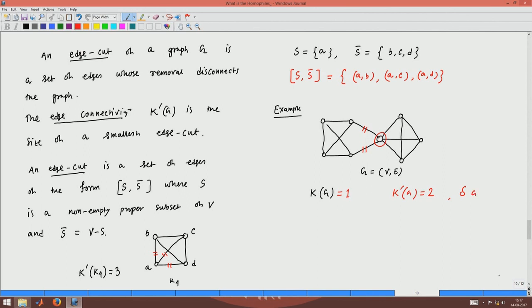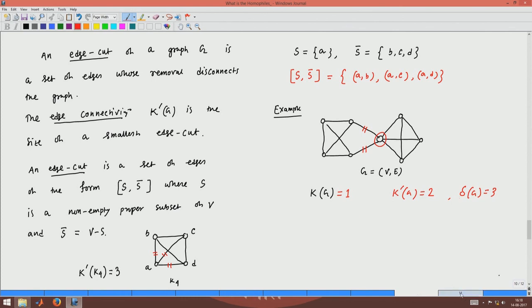Delta G is equal to 3. So, what we can see is that at least for this specific graph, the vertex connectivity is less than the edge connectivity, and the edge connectivity is less than the minimum degree of this graph.